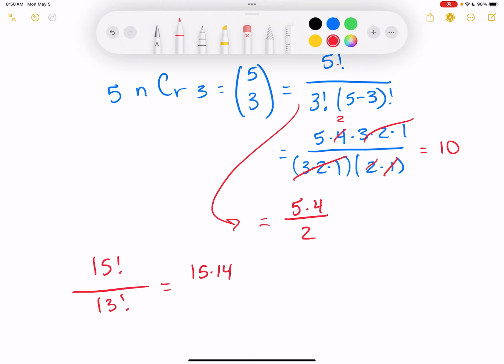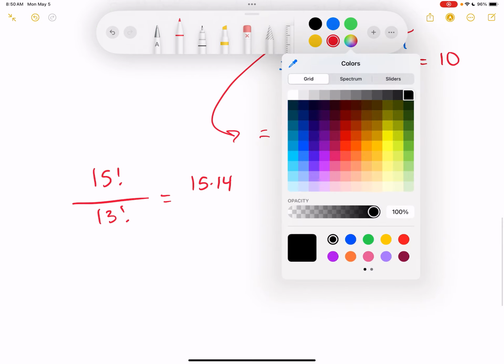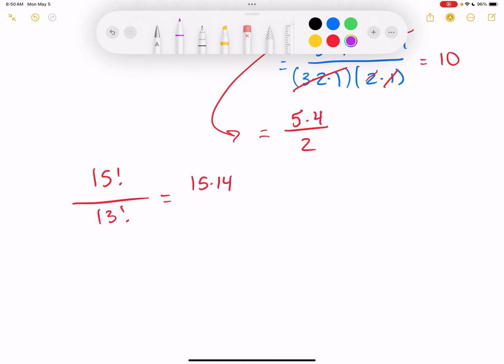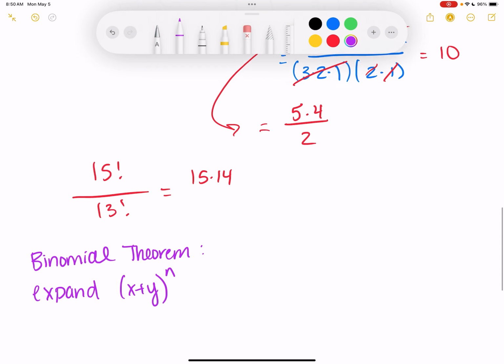Now, the binomial theorem actually written out, just so that we can see it. We've already kind of done this in writing out the one example that we did. But the binomial theorem is the way that we would expand x plus y raised to the nth power.